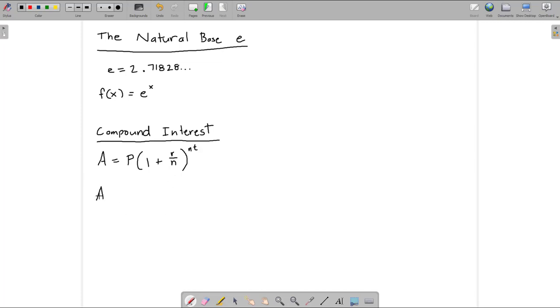So let's take a look at each of these letters. So A is the account balance, essentially. So that's the calculated amount. That's what you see when you open your Chase app. P is your initial investment. So the amount that you started with in your account, whatever you deposited.